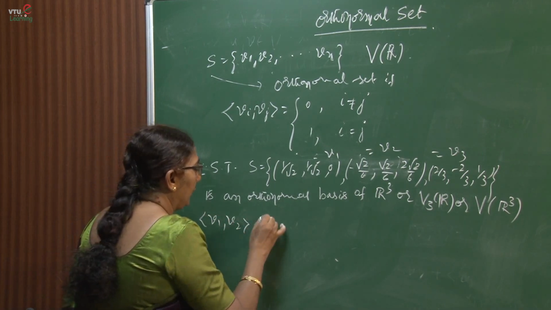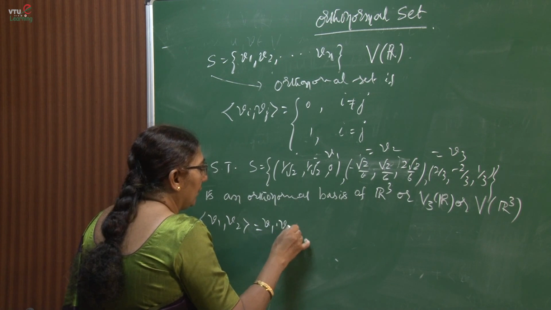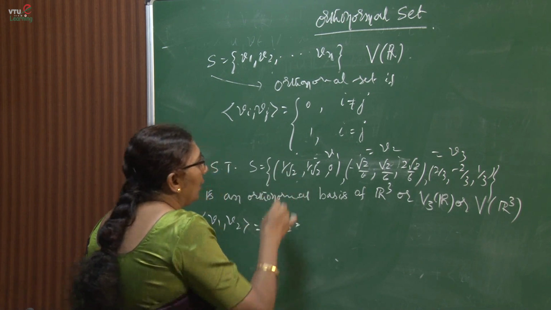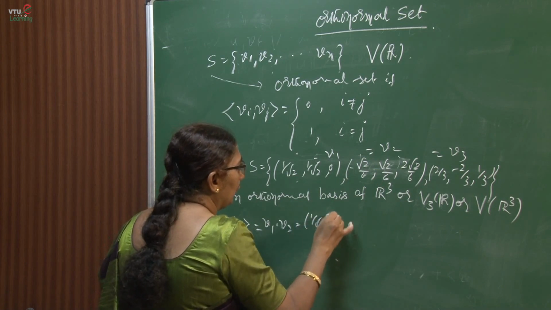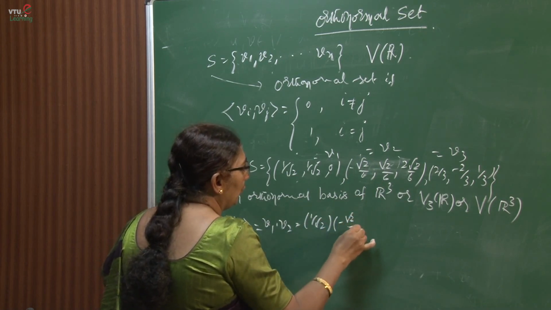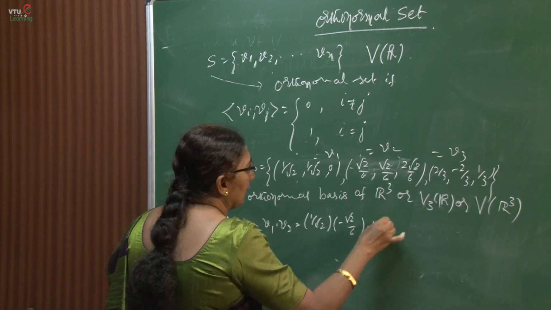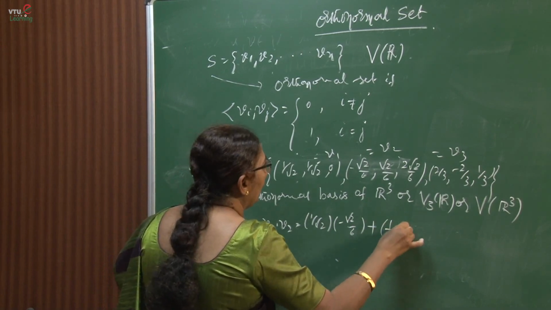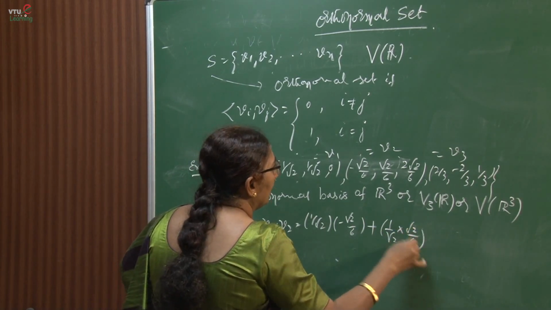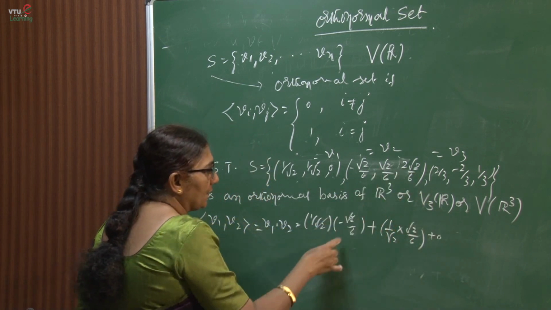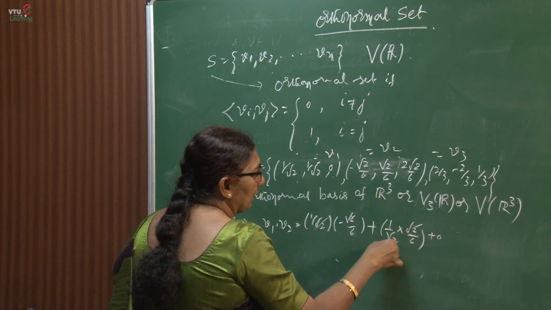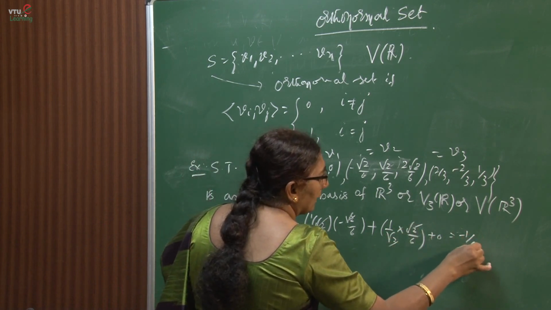The inner product of V1 comma V2 is V1 dot V2 because they are row vectors. 1 by root 2 into minus root 2 by 6 plus 1 by root 2 into root 2 by 6. The last value is 0 because it is multiplied with 0. Root 2 cancels, minus 1 by 6 plus 1 by 6. What we get is actually 0.